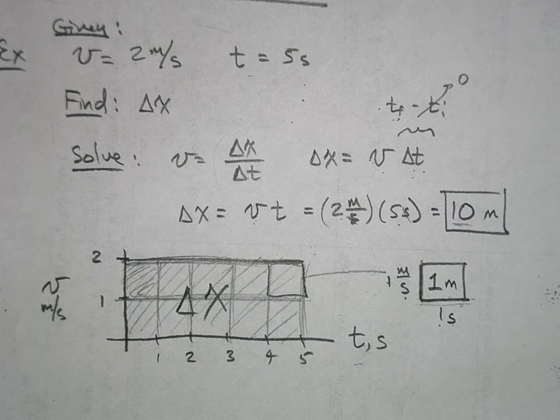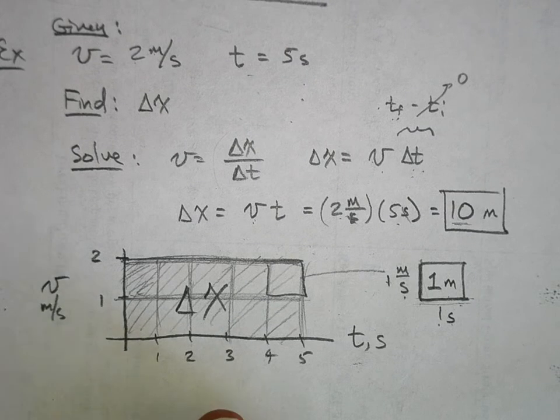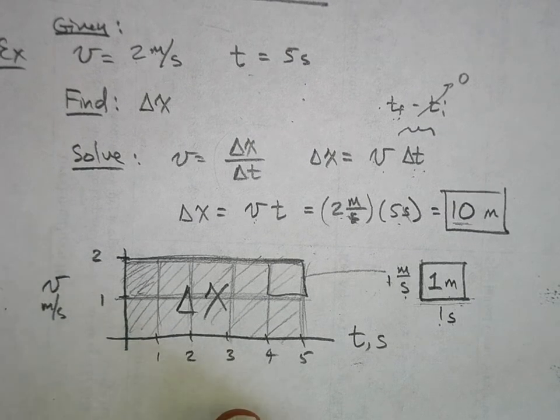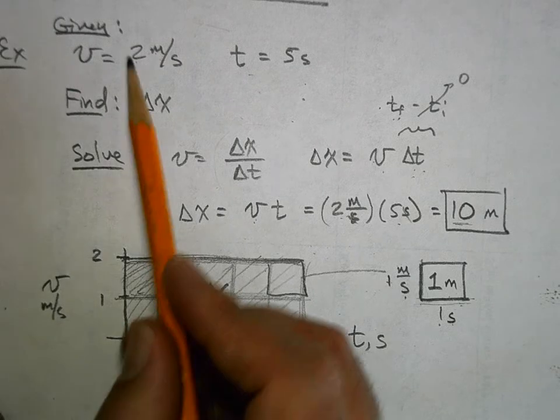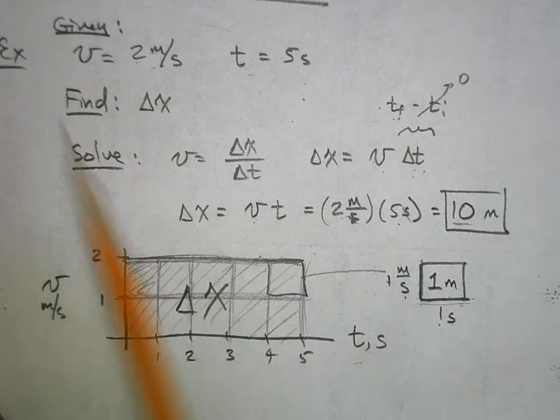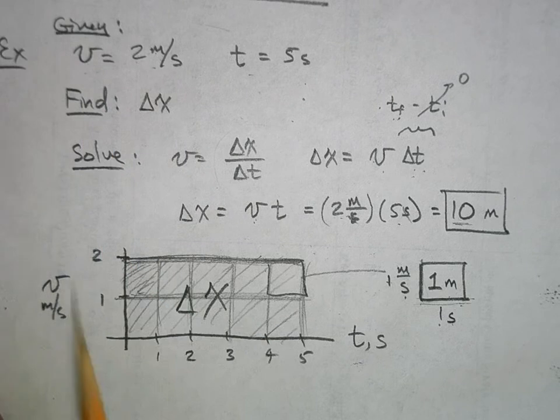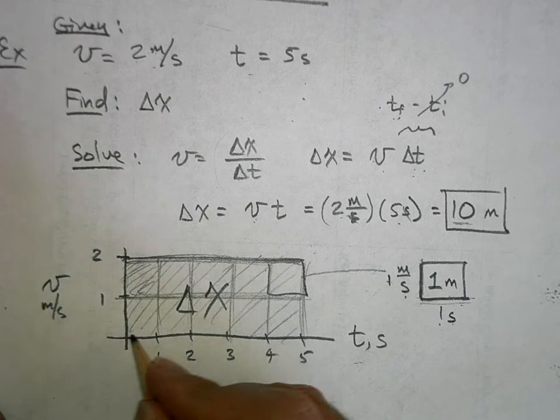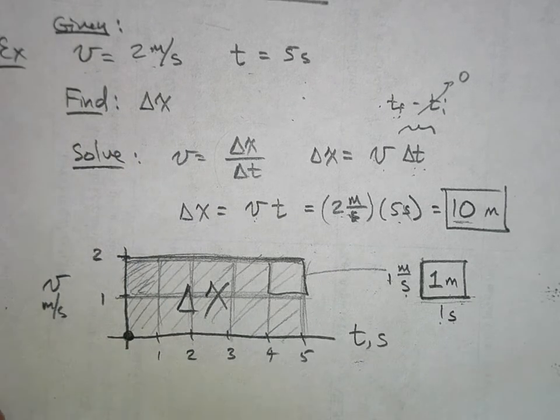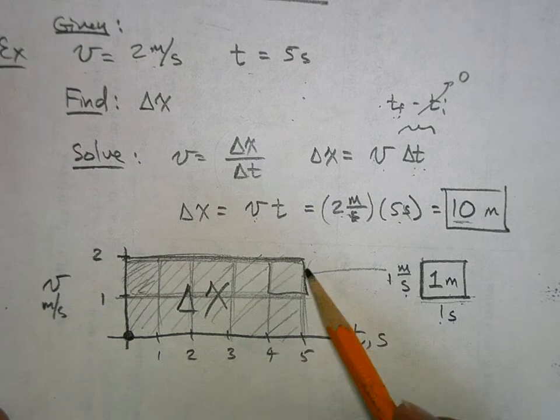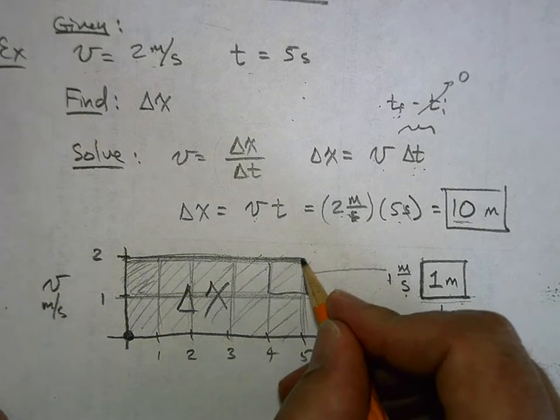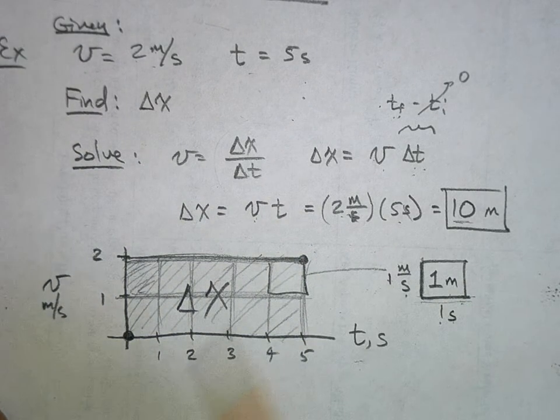Now, if you accept this, this is true even if the velocity wasn't constant the whole time. Okay, now let me show you this. What if, instead of my example here, my velocity started off as being 0 and then increased at a constant rate to 2 meters per second at 5 seconds?